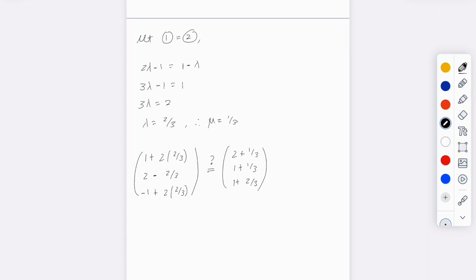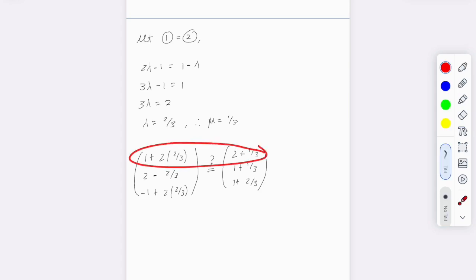Now if we work this out, just quickly, 1 plus 2 thirds... So firstly, these both equal 7 over 3.